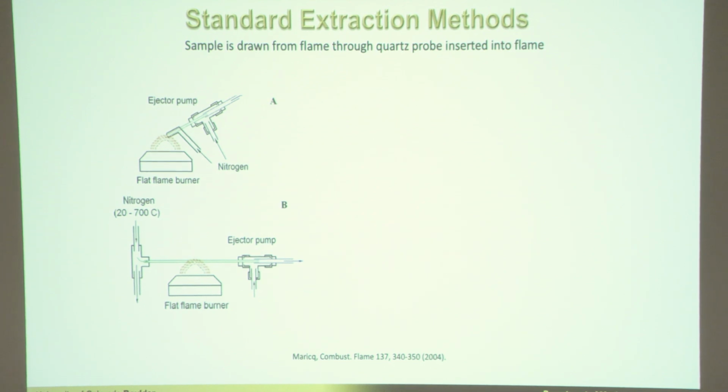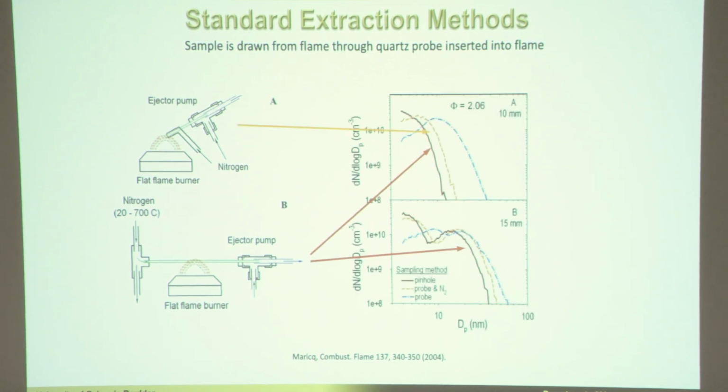You basically advect them into the hole in the tube and send them down. Both of these probes have been shown to possibly perturb the sample a little bit, like the particle size distribution.